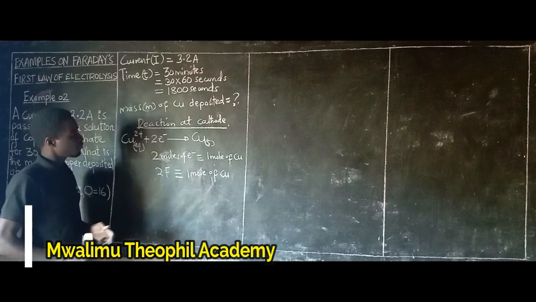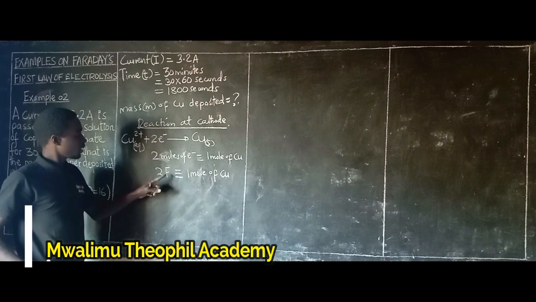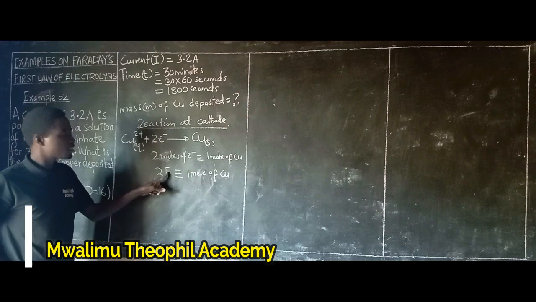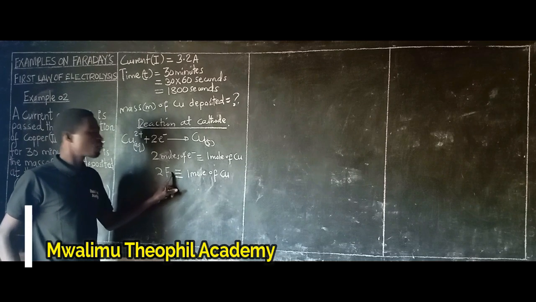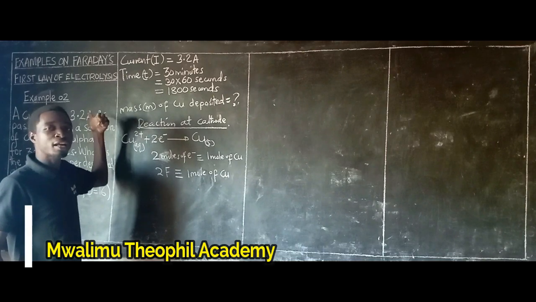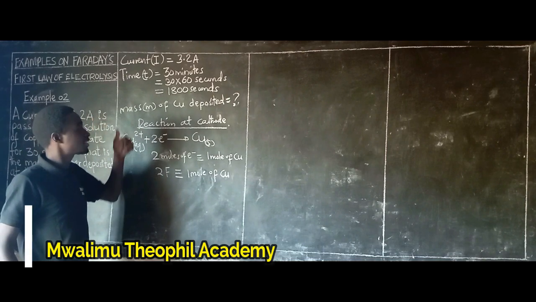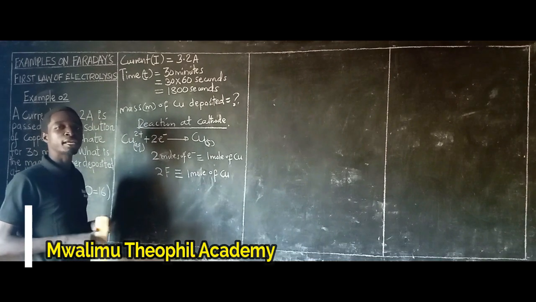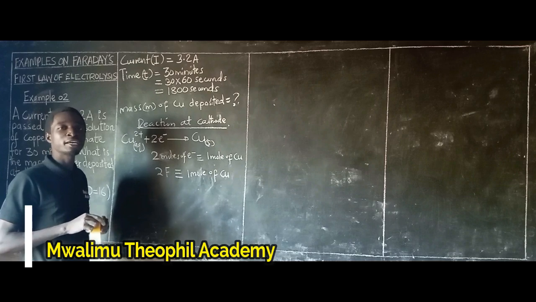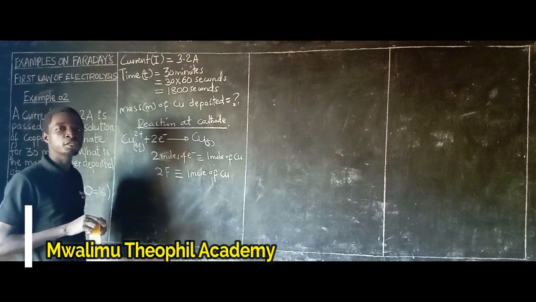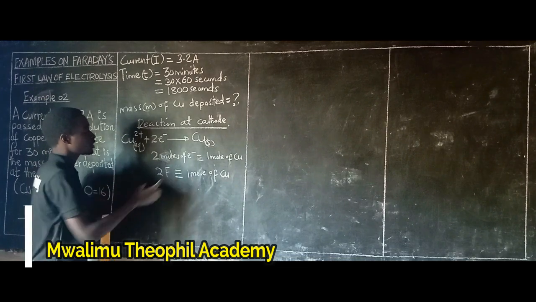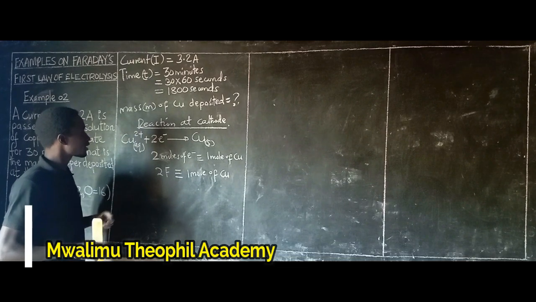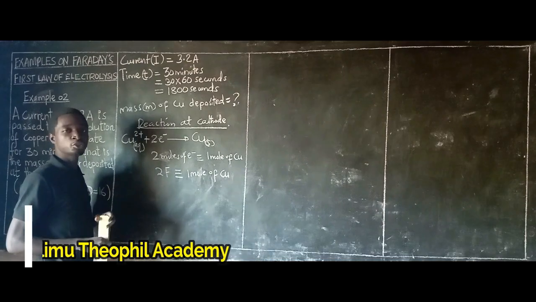So if this is the case, here we are going to convert these Faradays into coulombs so as to be able to use the given current and time. As you know, when we take current times time, we get the charge in terms of coulombs. So let us convert these Faradays into coulombs.